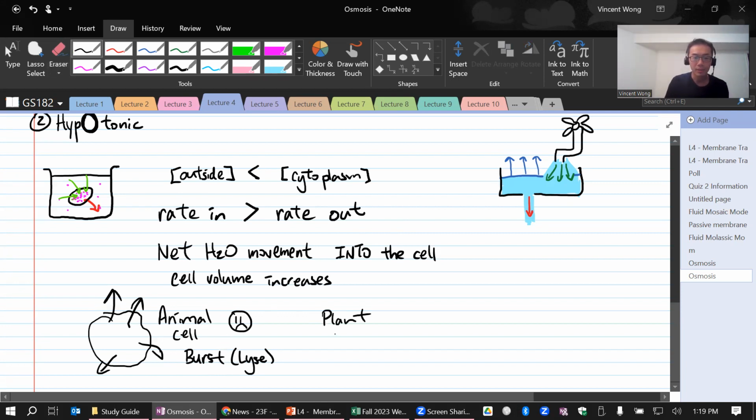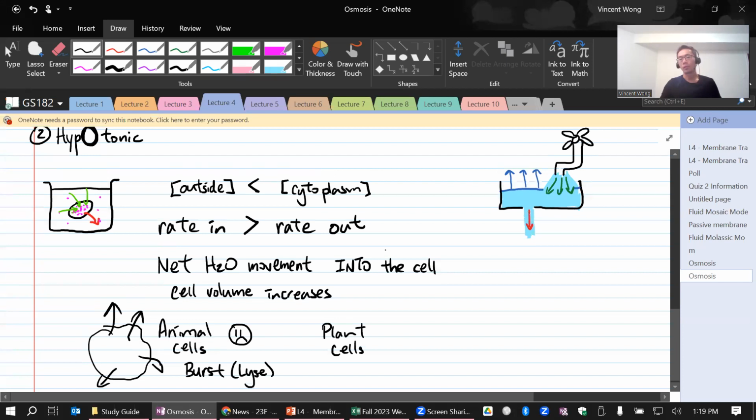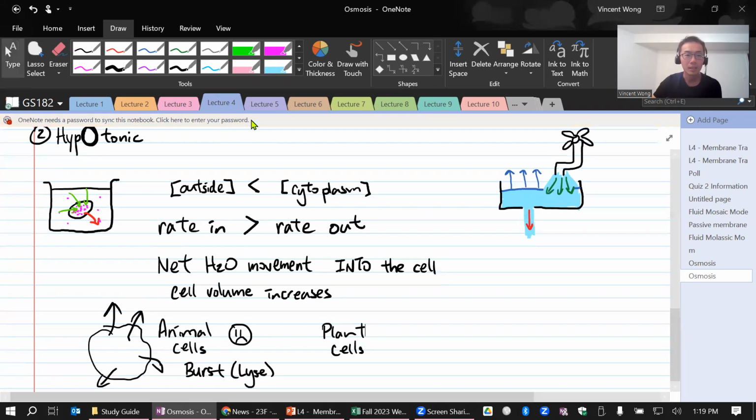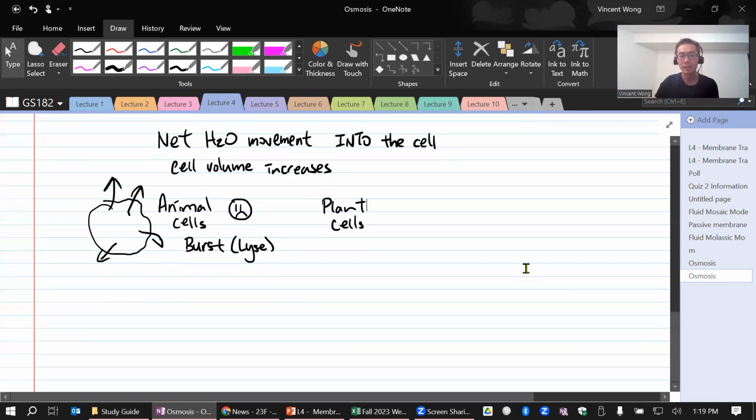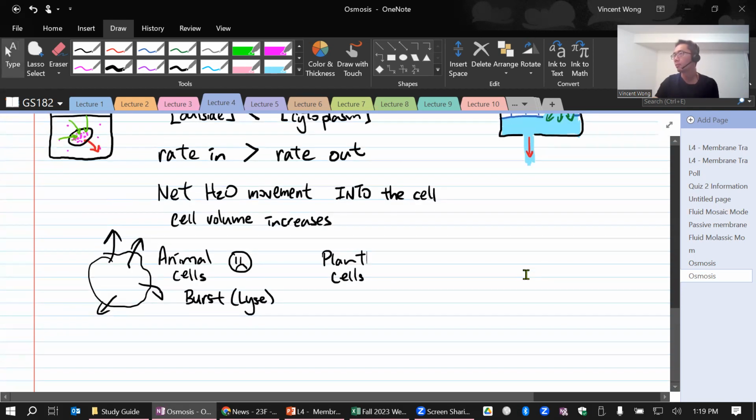Plant cell. Do you expect the plant cell to burst as well? Or not? No. Why not?